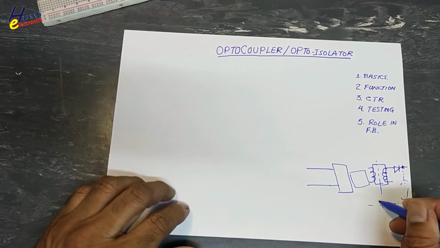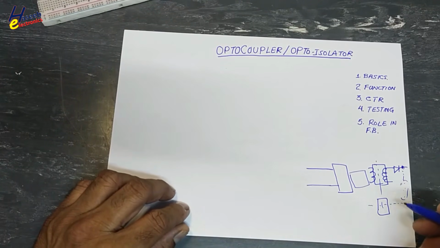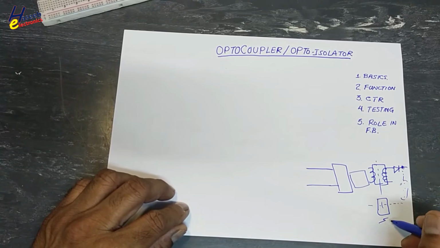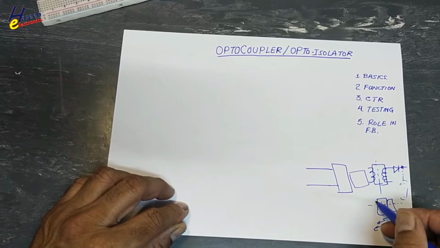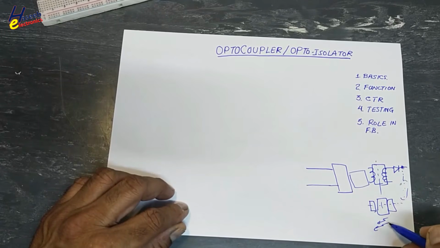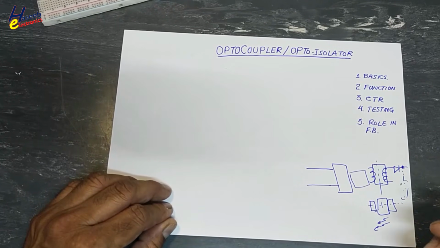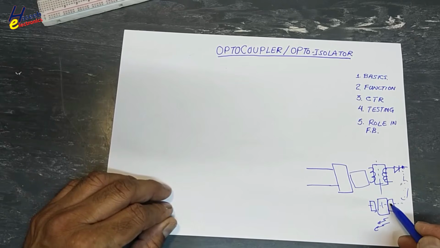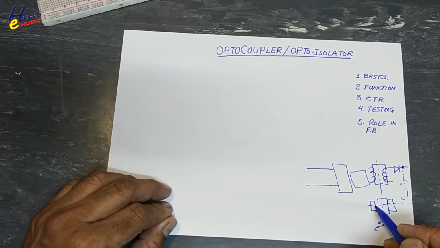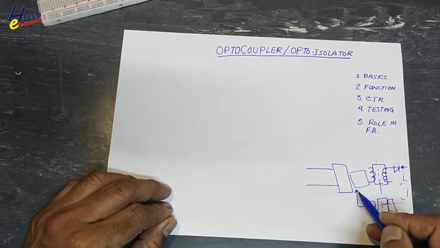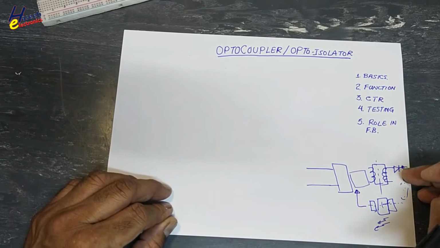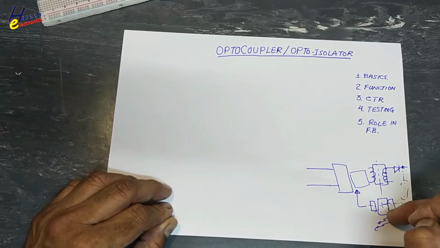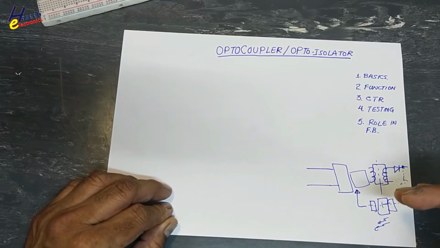Then another component is connected here that works on optical light. We add some information here in this portion and we receive that information, and there is infrared or visible light that will be transmitted from this side. It will reach here and provide a feedback signal to this control circuit. So if the voltage is increasing, it will provide feedback that the voltage is increasing.